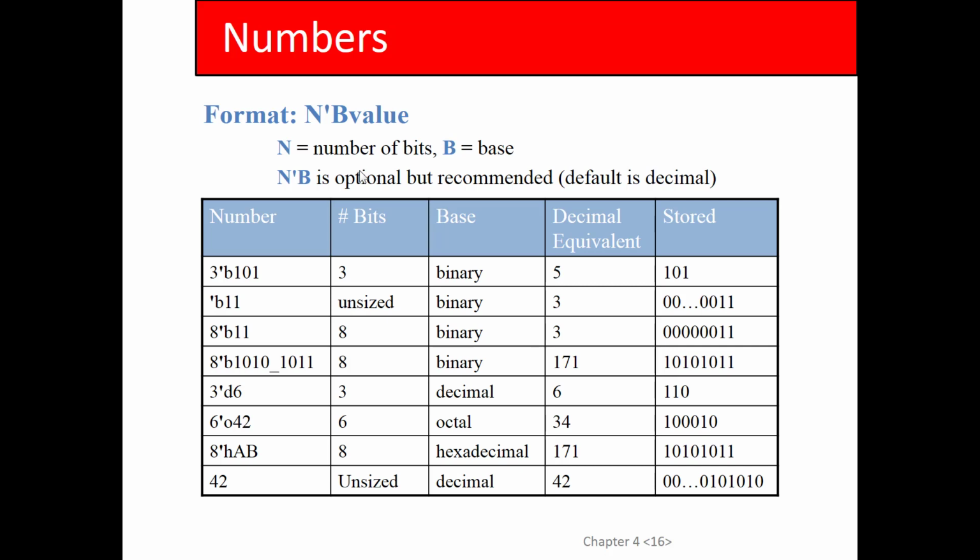On the other hand, let's say I say 5'h1A, where h stands for hex. What does that mean? Well, that's 5 bits in hex. 1 is 0001, and A is 1010. Oh, but we got a problem. That's 8 bits.